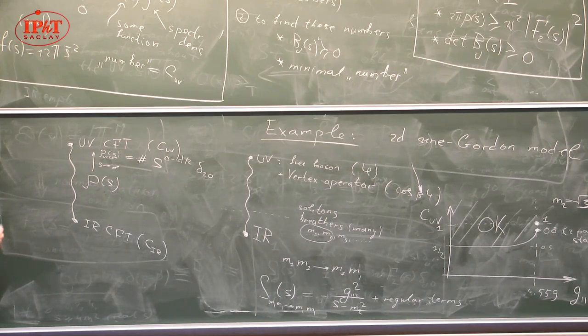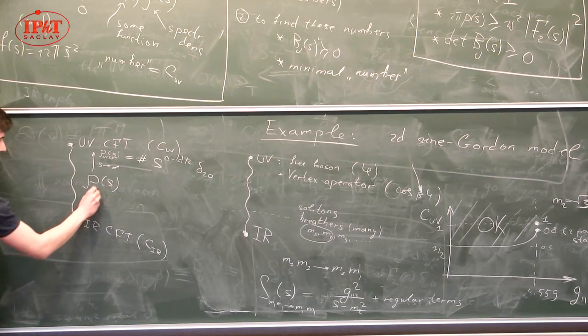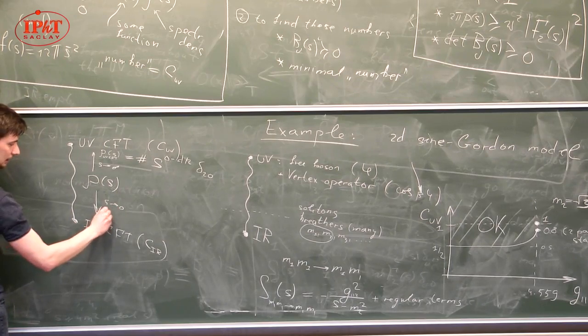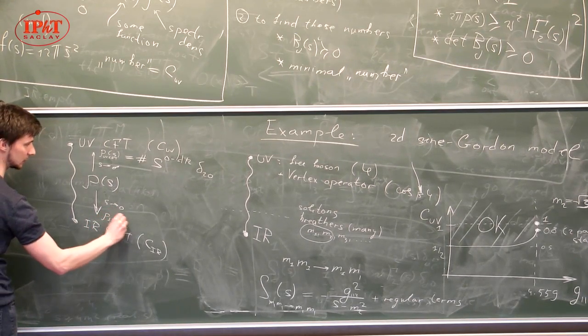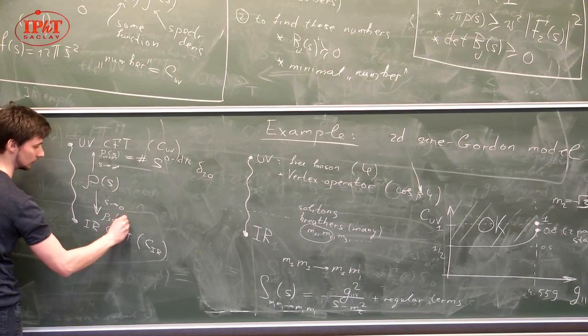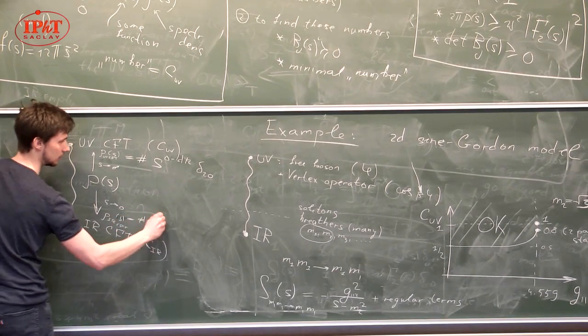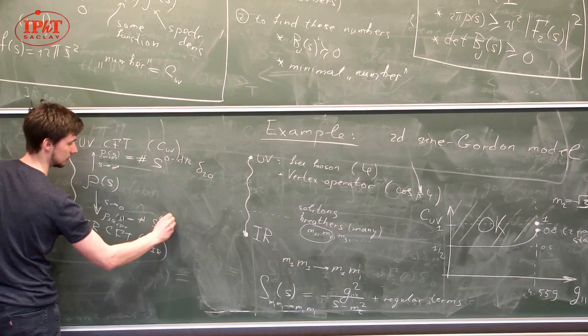There are some details because there are multiple spectral densities for the stress tensor, etc. I'm just a little bit schematic here. And the same thing happens at S goes to 0, where I get the IR CFT spectral density, which is some number again.